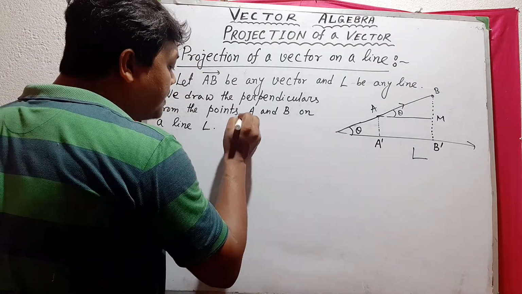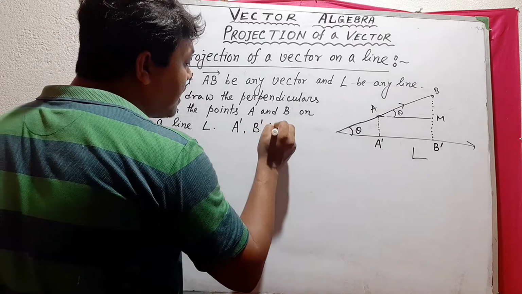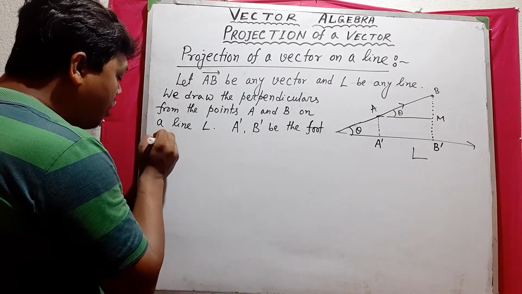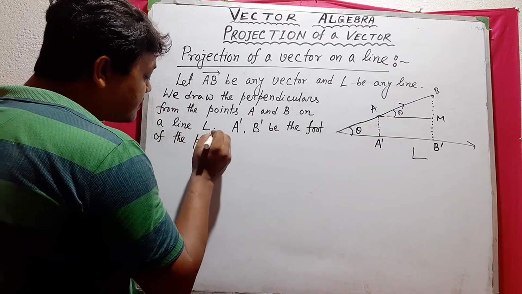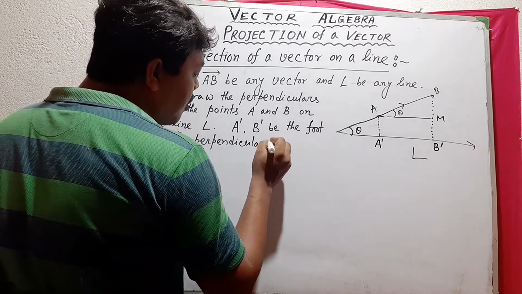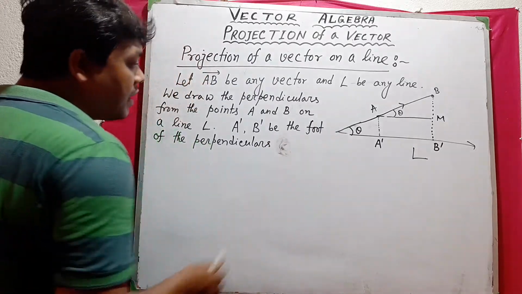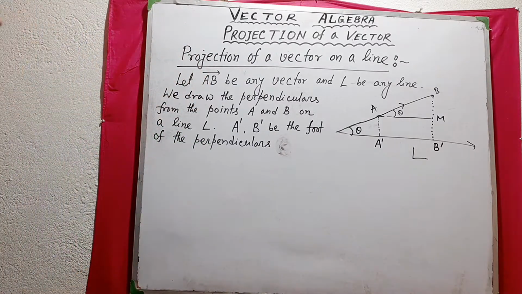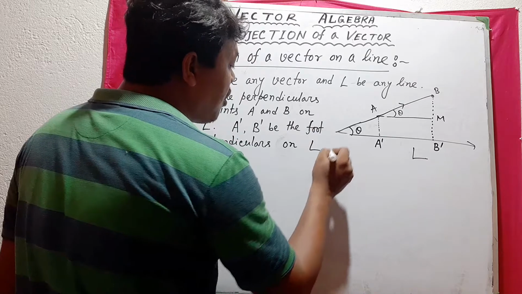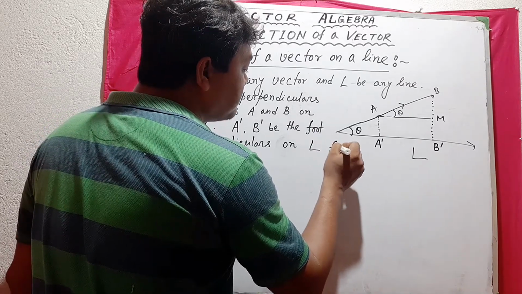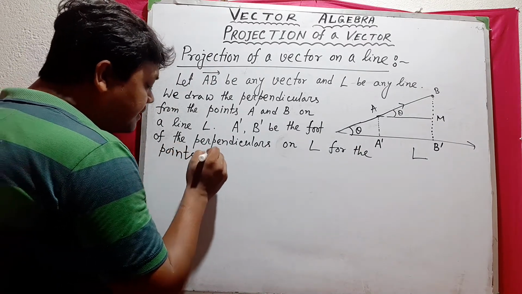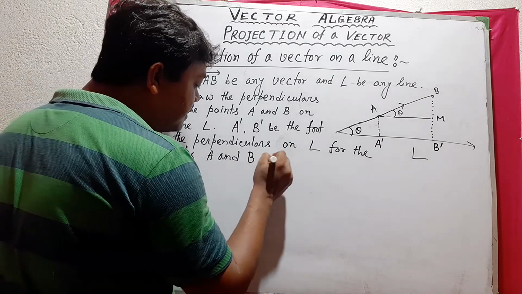So A prime and B prime are the feet of the perpendiculars on L from the points A and B respectively.